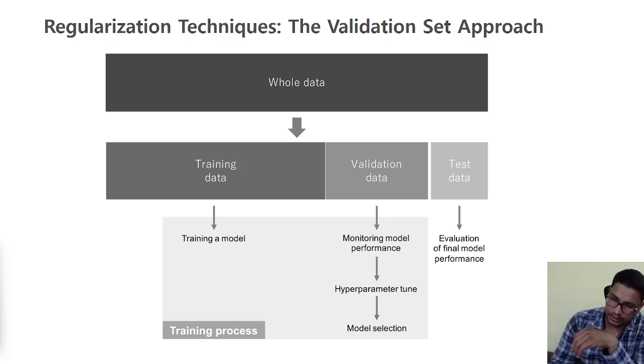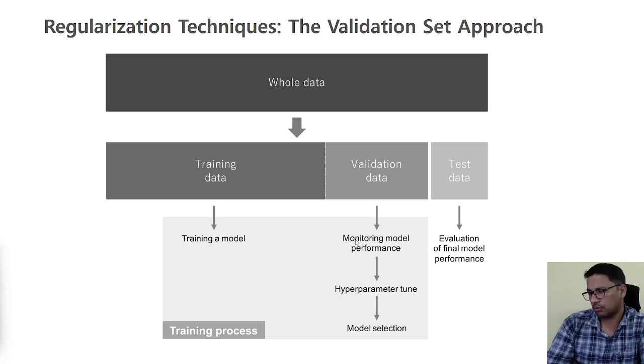Otherwise we should adjust our model or some labels given on the training data, okay? In this way the validation data tries to monitor the model performance on the training data, right? This is one approach to minimize the bias variance trade-off in machine learning.